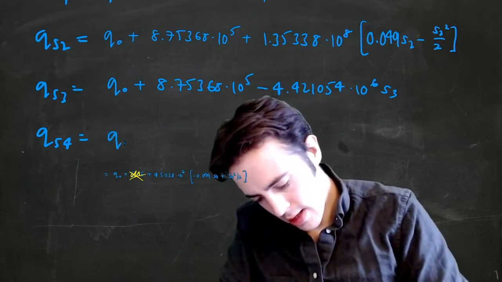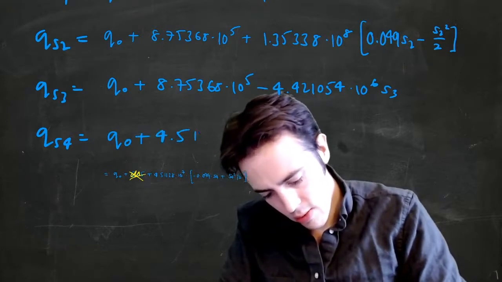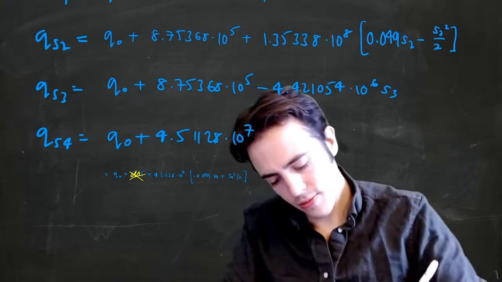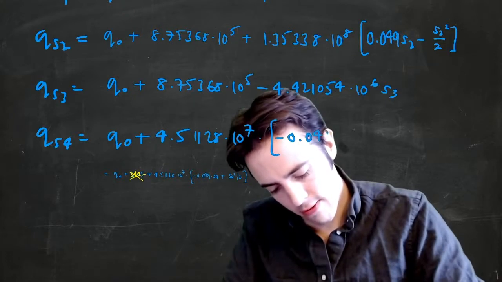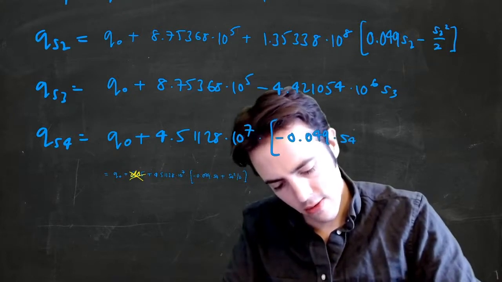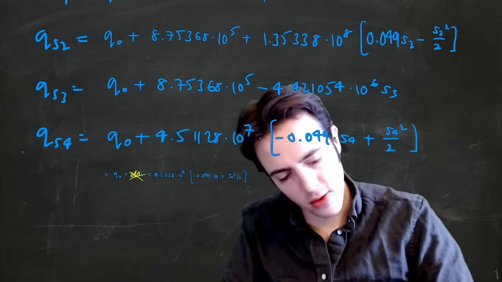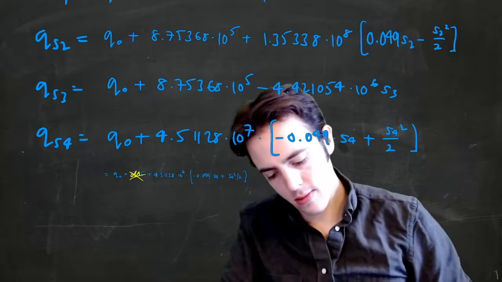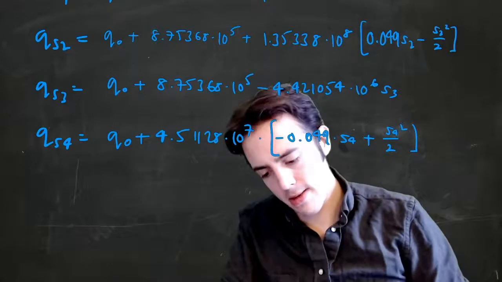And then this last one is Q0 plus 4.51128 times 10 to the 7. And then I've got this minus 0.049 S4 plus S4 squared on 2. And so the units of all of these are newtons per meter.